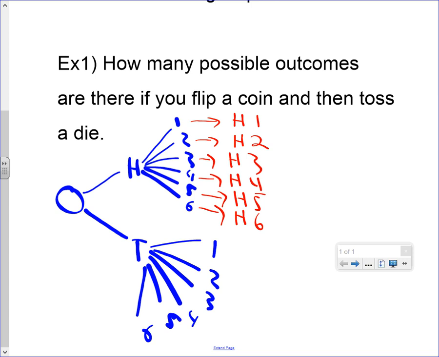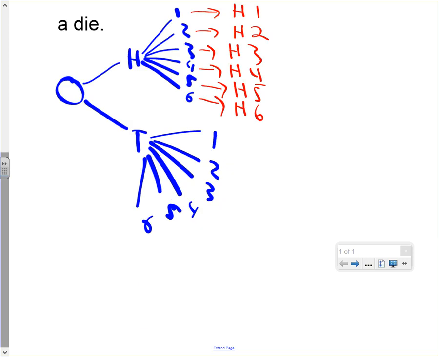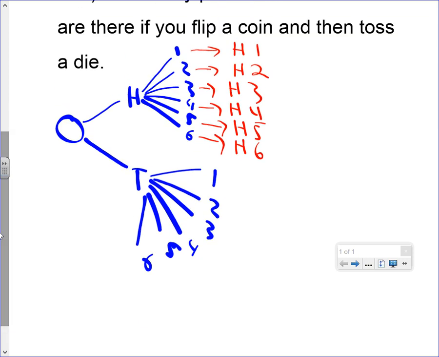So look, there's 6 possible outcomes of me flipping a coin and then rolling a die. 6 of them. And then the other 6 are if I get a tails. So look here. Tails, 1. That's as if I flipped the coin, I got a tails, and then I rolled the die, got a 1. Tails, 2. I flipped the coin, got a tails, rolled the die, got a 2.